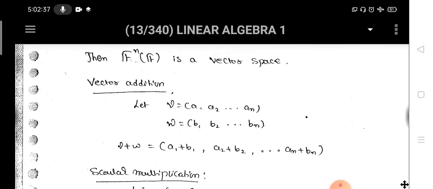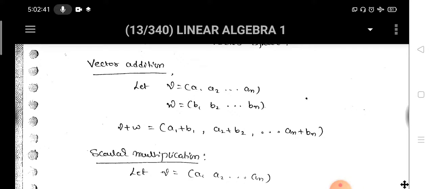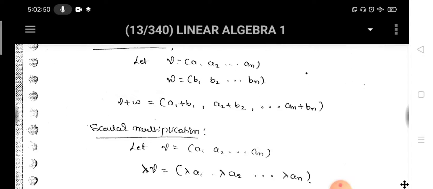Now similarly you can easily verify that the associative property will be there for n tuples. Then the additive identity will be there, because the additive identity will look like 0, 0, 0 up to n times, and all the zeros come from the field. Moreover, the additive inverse will be there, because if you take any a1, a2 up to an, you can always have minus a1, minus a2 up to minus an from the same set of n tuples.